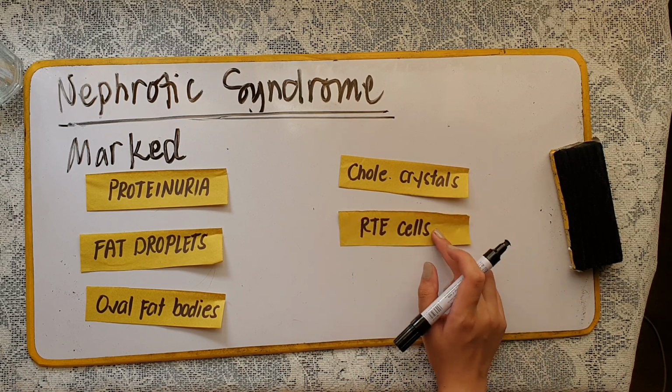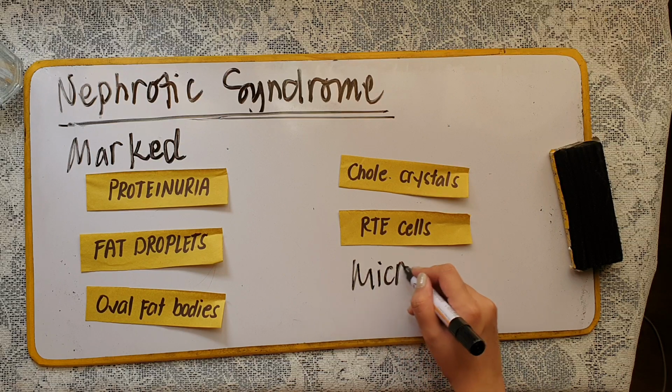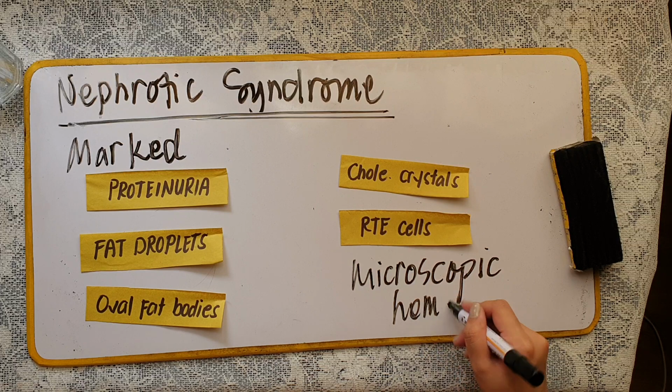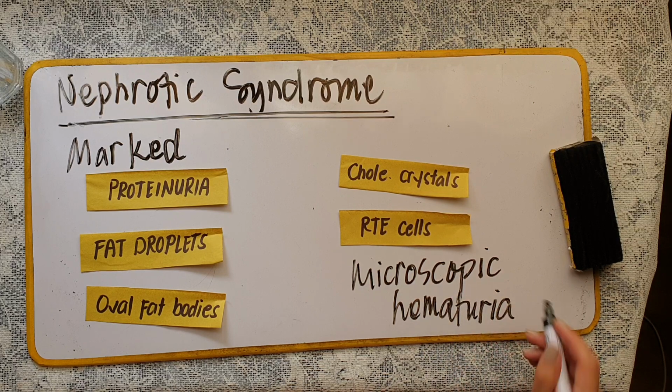You may also find microscopic hematuria in nephrotic syndrome. So, these are the classic laboratory findings in nephrotic syndrome.